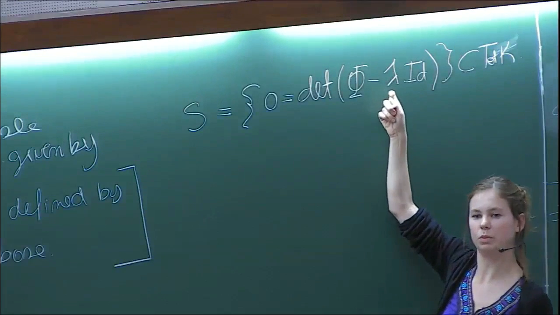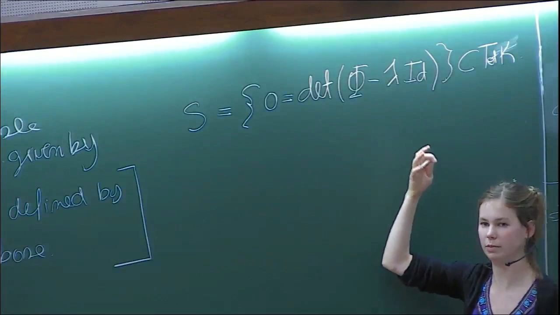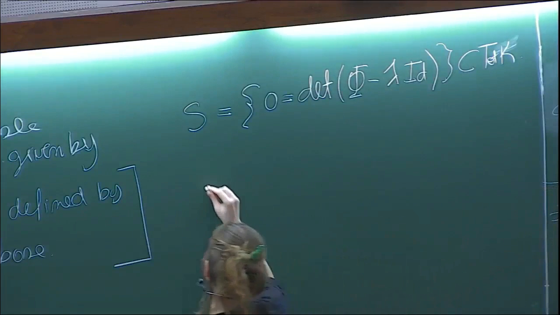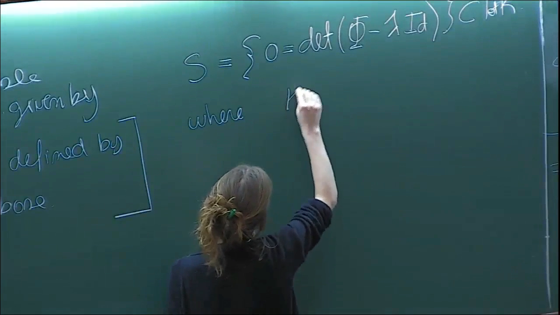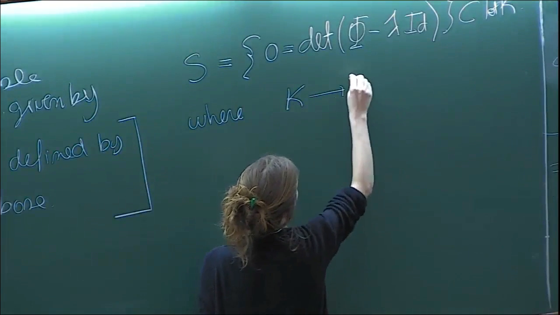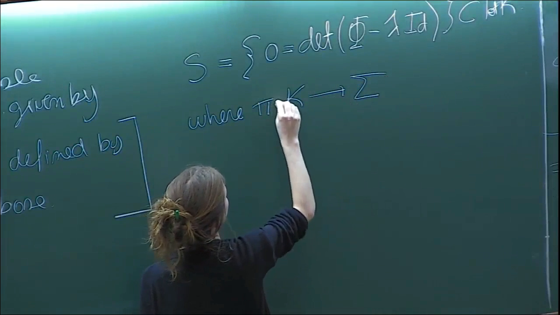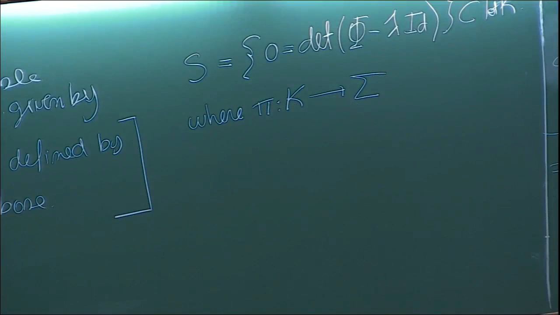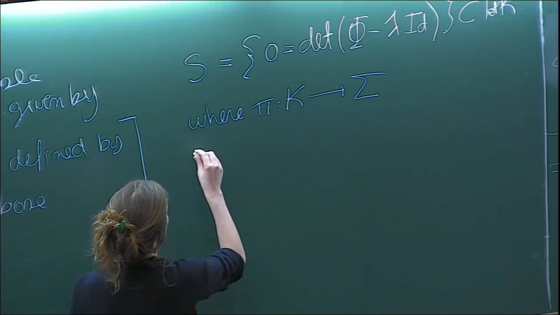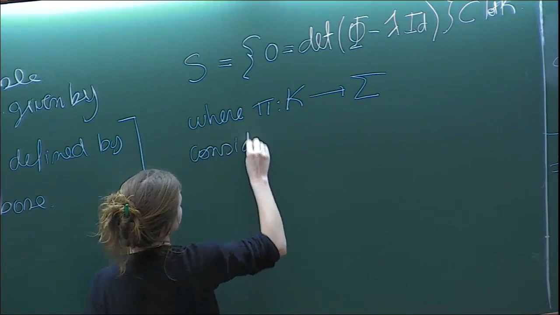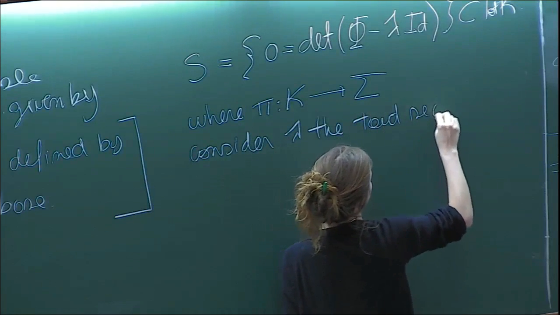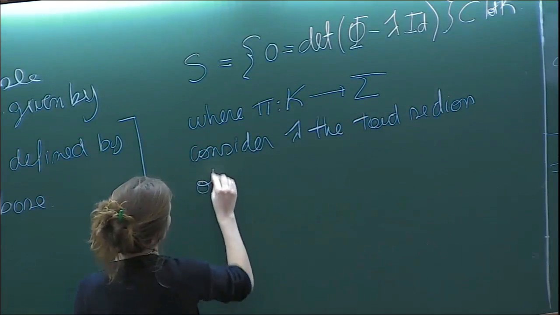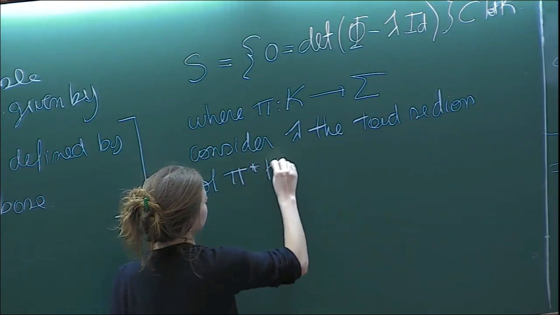I haven't told you yet how to think about this variable lambda. When you take K as a line bundle over your Riemann surface, with its projection to the Riemann surface, you consider lambda the tautological section of the pullback of your canonical bundle to its total space.